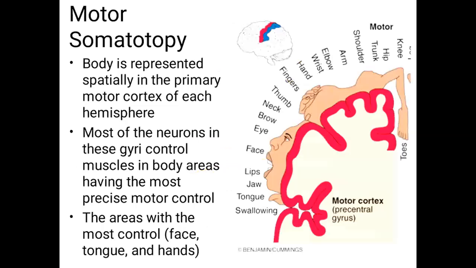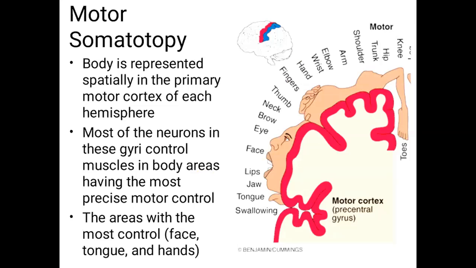Like the sensory homunculus, here also there is a motor homunculus. This is a representation of your body in an upside down fashion, very similar to the sensory cortex representation in the post-central gyrus.